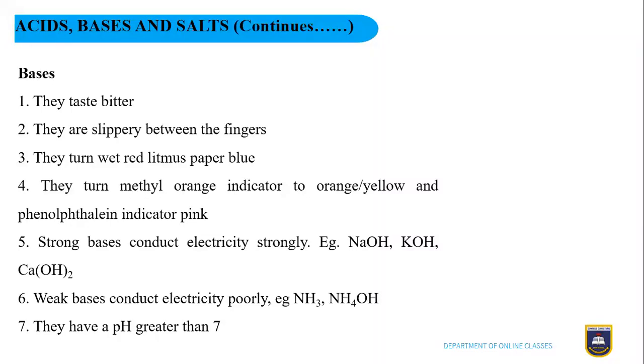Then phenolphthalein, it has no color, it's colorless. When you drop phenolphthalein into a base, which is also colorless, it gives the base a pink color. The color changes all of a sudden to pink. None of the two things is pink in color, but all of a sudden you see a pink color.